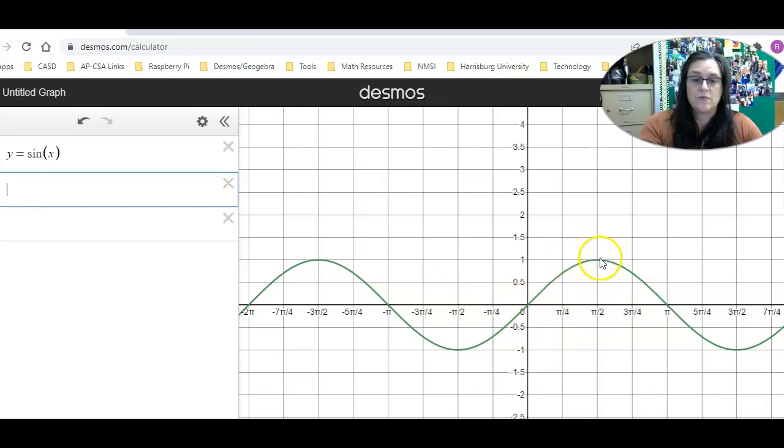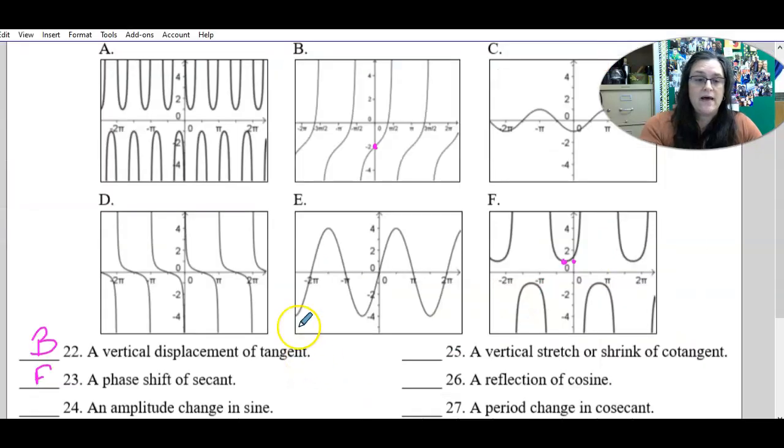So the A is 1. When we compare that to graph E, we can see that instead of having a maximum of 1, this has a maximum of 4. And that is the change in amplitude. It's a vertical stretch of 4 units. So the graph E corresponds to the amplitude change in sine.